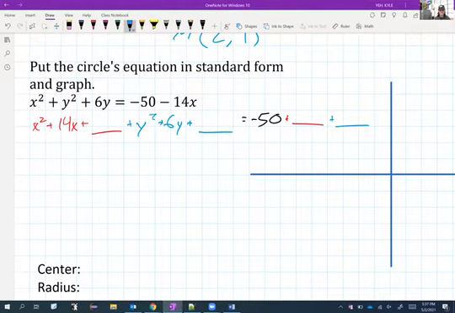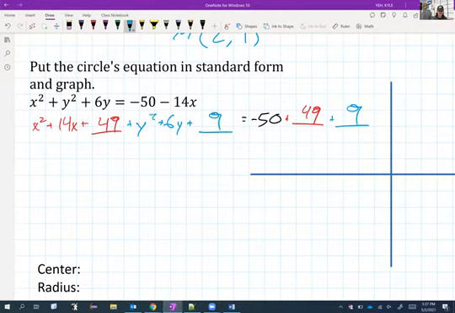So what value would make a perfect square for my x's in red? I'm hoping if you remember completing the square from before and what we just did, you say, okay, that'd be (x plus 7) squared because it's a 14. So I need to add 49 here. If I add 49 here, I better add 49 there. What about blue? y squared plus 6y plus 9, be half of 6 is 3, squared.